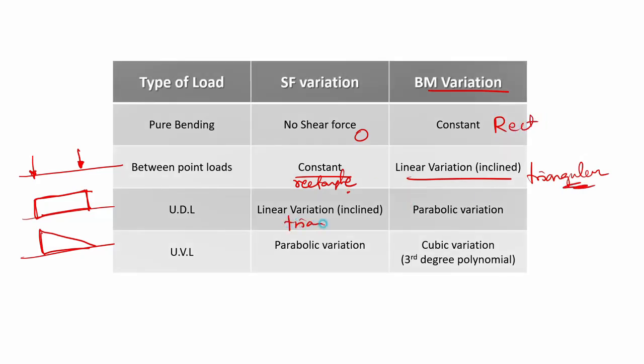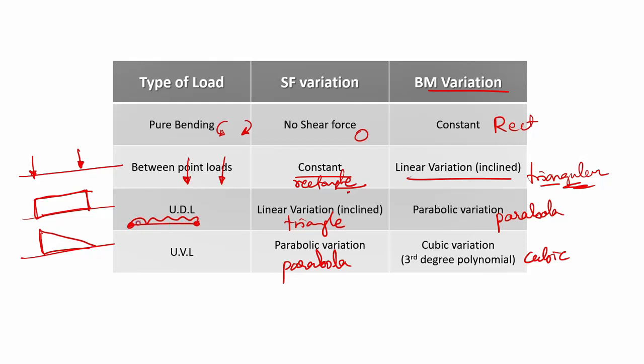Then this is the triangle to parabola, parabola, and then parabola to a cubic variation, like that. Whenever there is pure bending, the shear force is 0 and the bending moment is a rectangle. For a point load, between 2 points with no load, the shear force is constant, that is a rectangle, and the bending moment is a triangle. Then when you have a UDL, between this point and another point, the variation is triangular and parabolic.